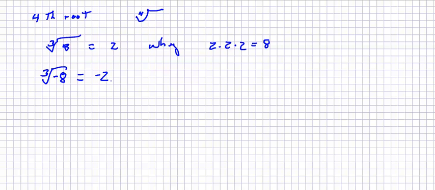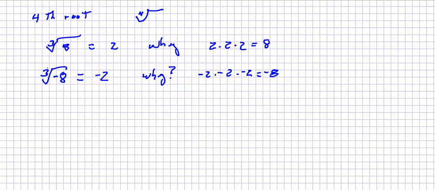Why? Because negative 2 times negative 2 times negative 2, negative times negative is positive, times a negative is equal to negative 8.